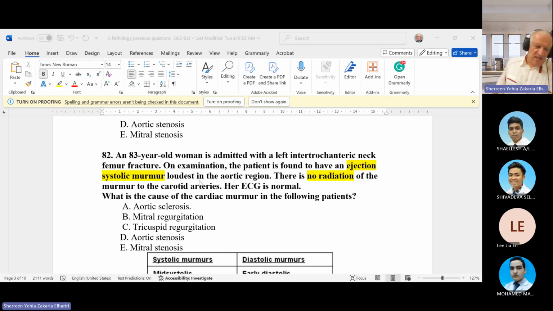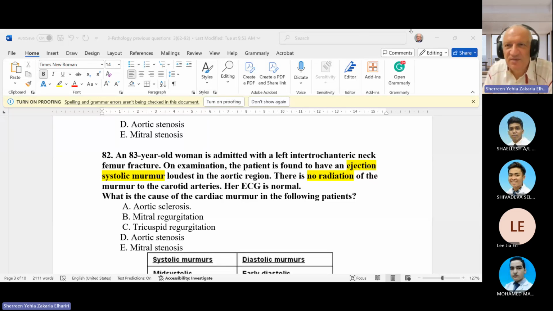How to differentiate between aortic stenosis and aortic sclerosis? It is easy. Aortic stenosis occurs in the young, and aortic stenosis radiates to the neck, right side. But aortic sclerosis is just calcification of the aorta due to old age, not radiated to the neck.